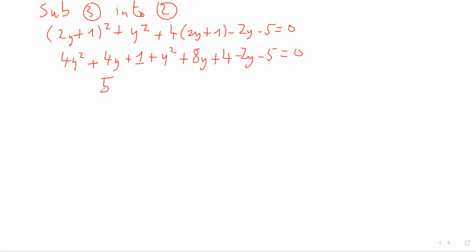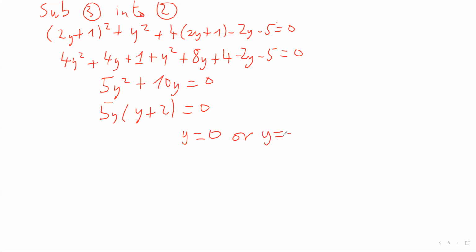And you can evaluate this to be 5y squared plus 10y is equal to 0. Now 5y(y plus 2) is equal to 0. So y is 0 or y is -2.